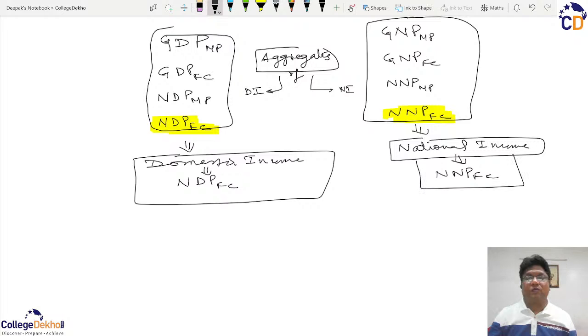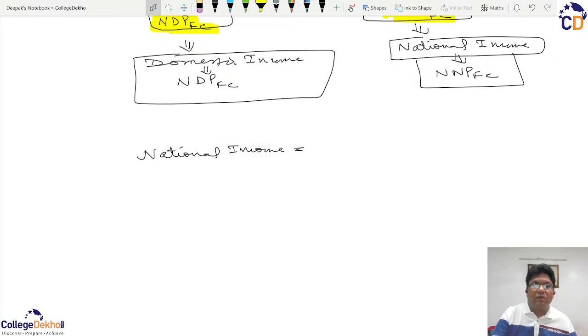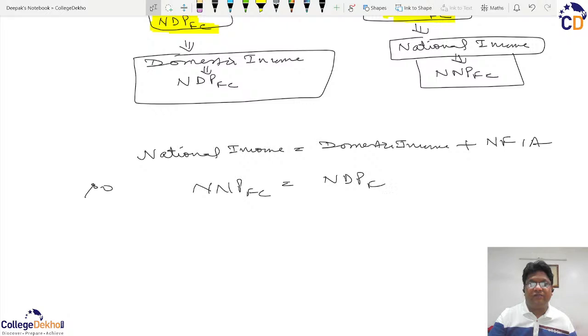So we can say that because we said national income is equal to domestic income plus net factor income from abroad, so NDPFC plus NFIA. So that is how we summarize.